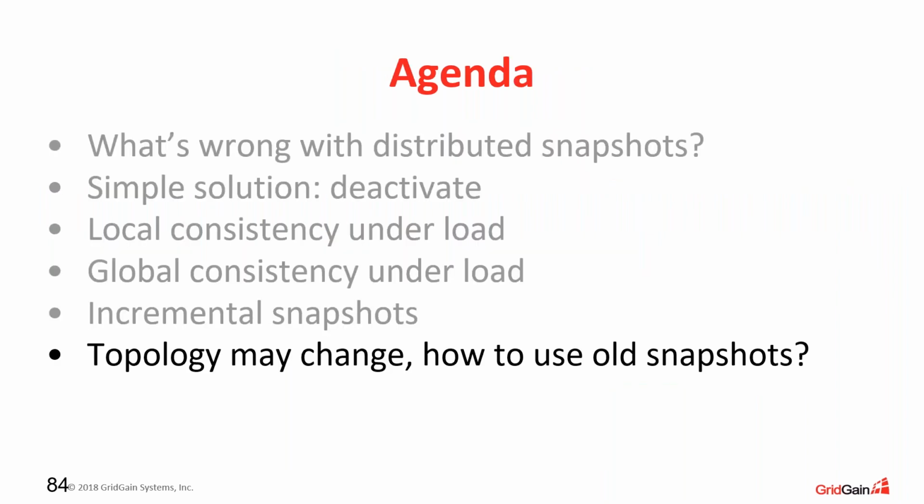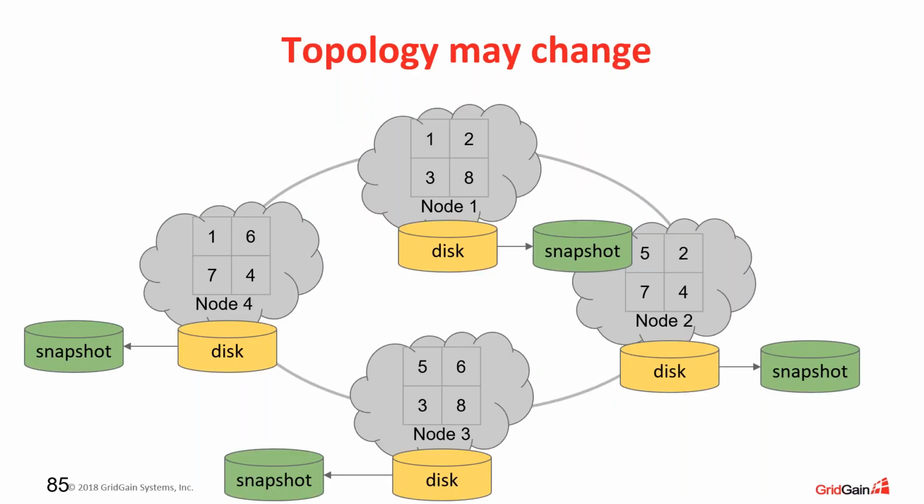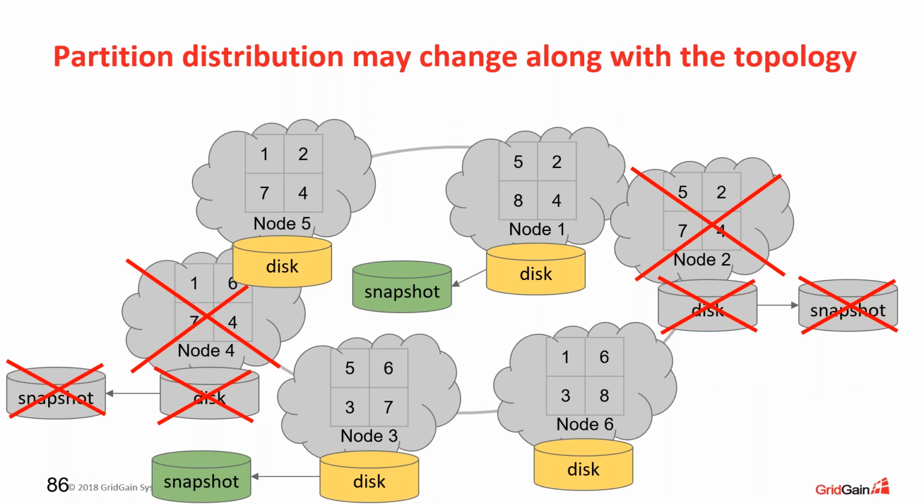Okay, and the last topic is that topology may change, and how can we use old snapshots? Let's consider a scenario when there's a cluster, and the snapshot was created on the cluster. After a couple of months, the topology of the cluster was changed.